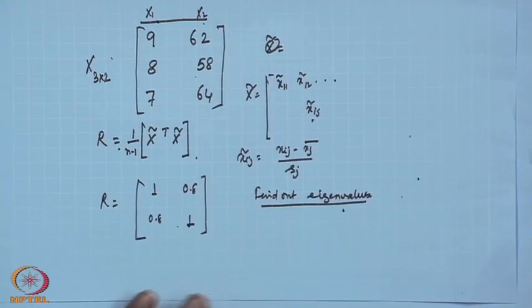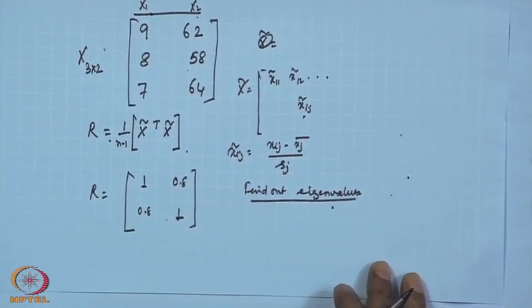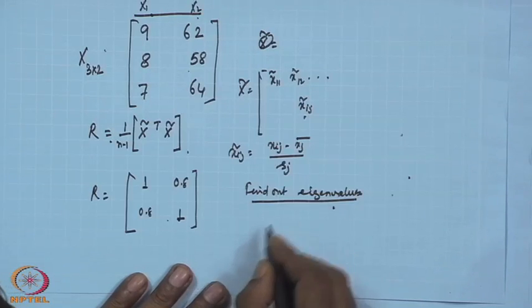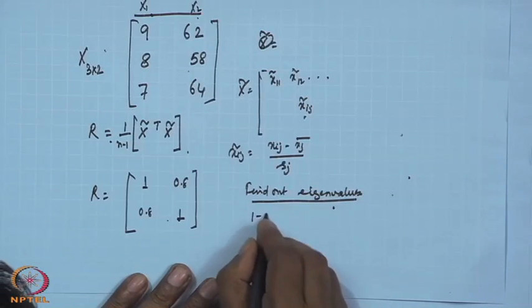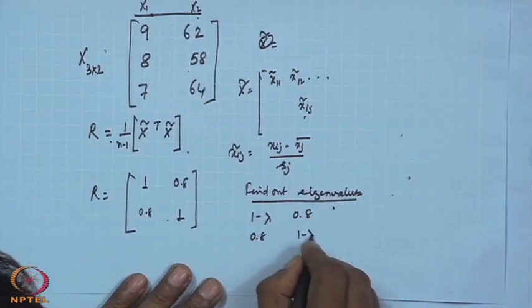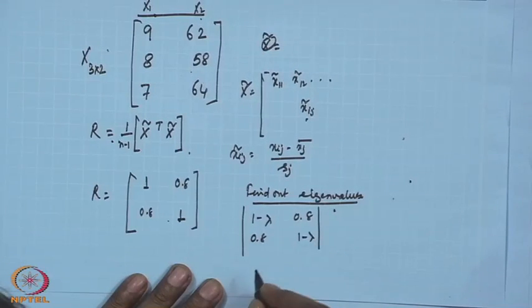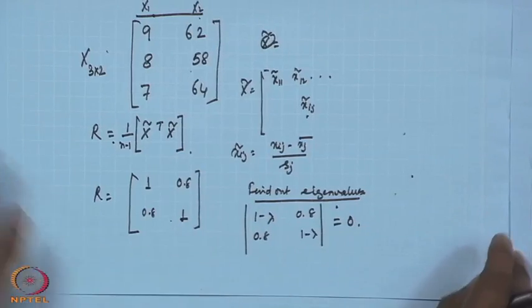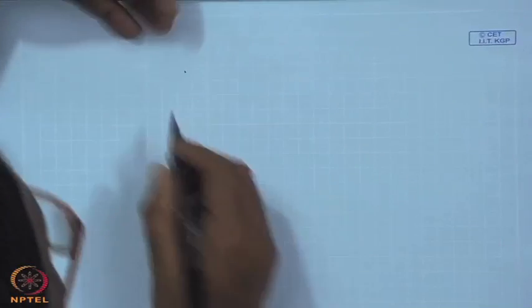How do you find them? The normal process, the characteristic roots: consider the determinant of 1 minus lambda, 0.8, 0.8, 1 minus lambda equal to 0.